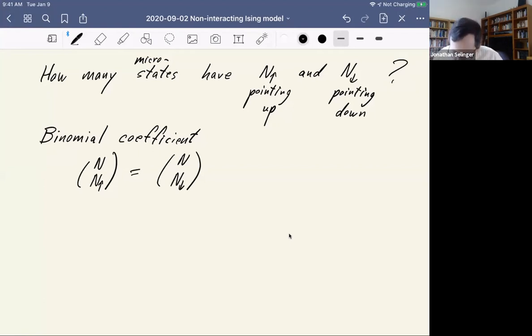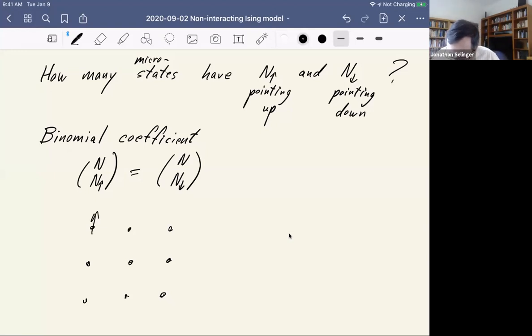So if I have 9 spins and I want to have 6 of them pointing up and 3 of them pointing down, there are lots of ways to do it.